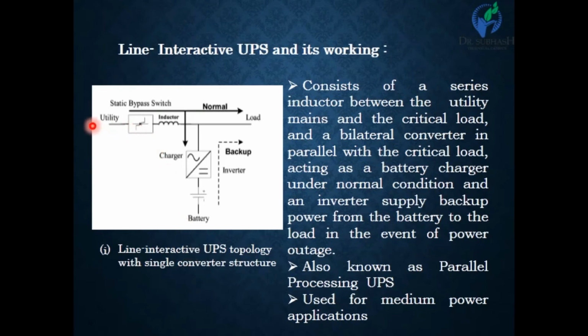Suppose we have a power supply received from the utility. It is directly connected to the load via the static bypass switch and an inductor in series. So the utility gives power to the load. At that time, the charger, which works as a rectifier or inverter, is also used to store energy in the battery.